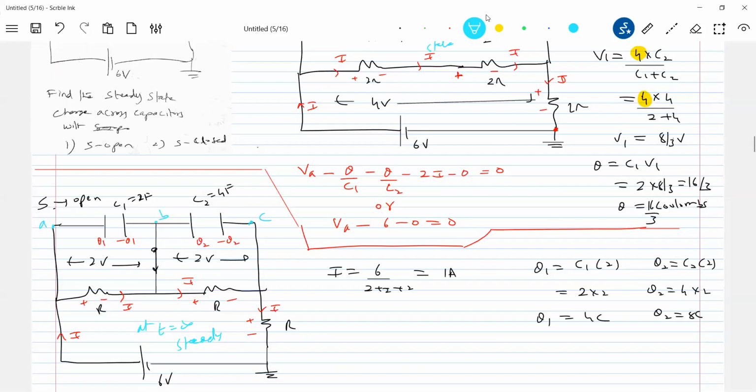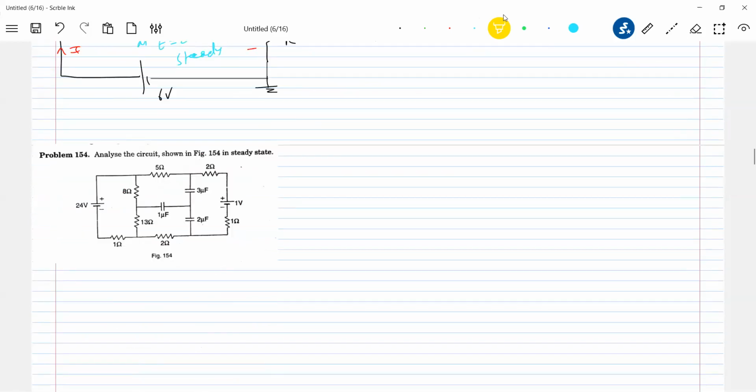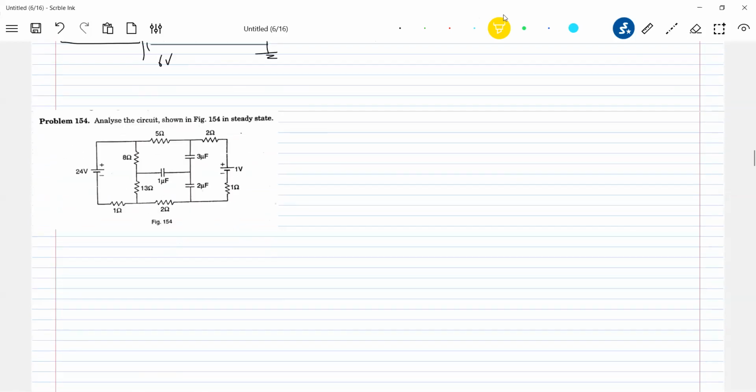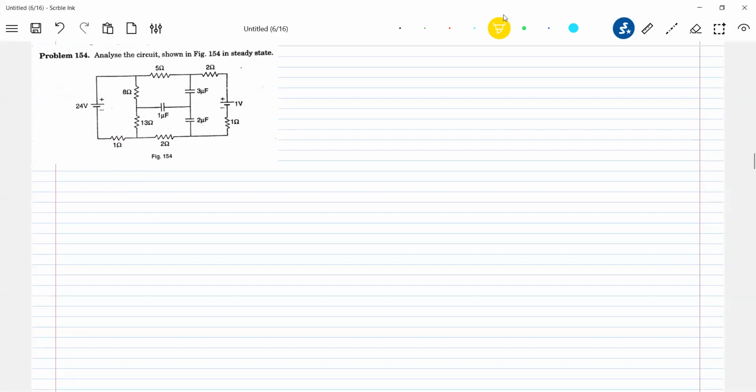Just see once the second part also. Completed? No. Earlier there were 2 capacitors, now there will be 3 capacitors.